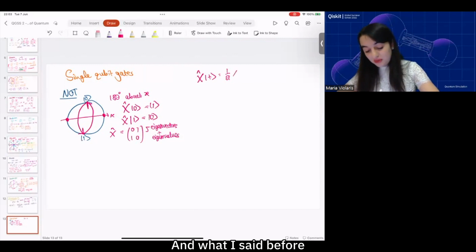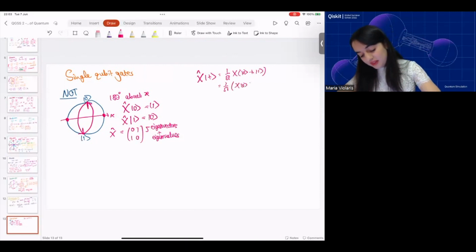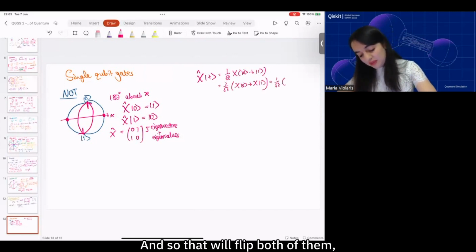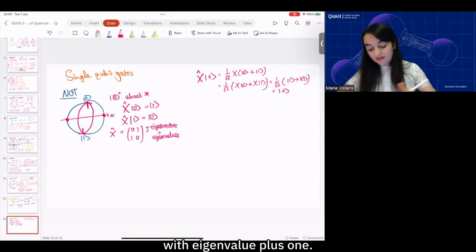And what I said before is that we can kind of multiply this X through. And so that will flip both of them. And so then we'll have 1 plus 0, which is the same as plus. So we can see that plus is an eigenvector of X with eigenvalue plus 1.